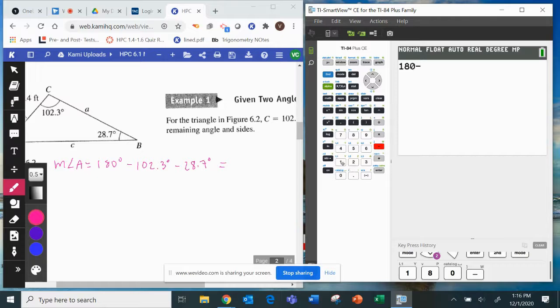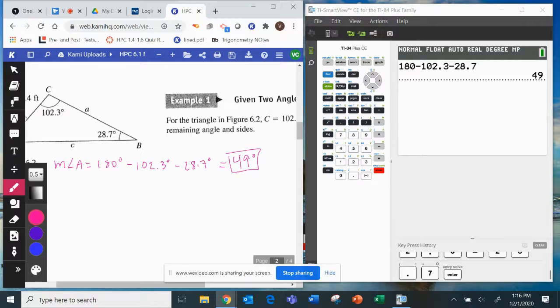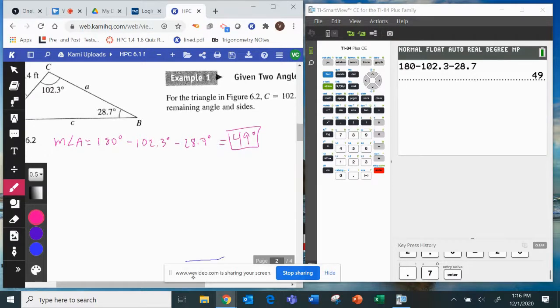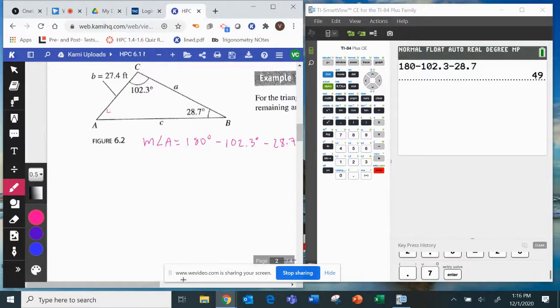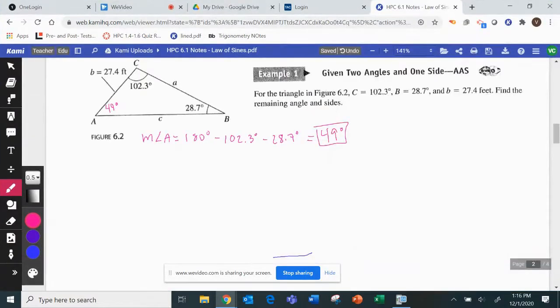This is going to be a calculator section. This is too small. I'm just going to have to go back and forth.